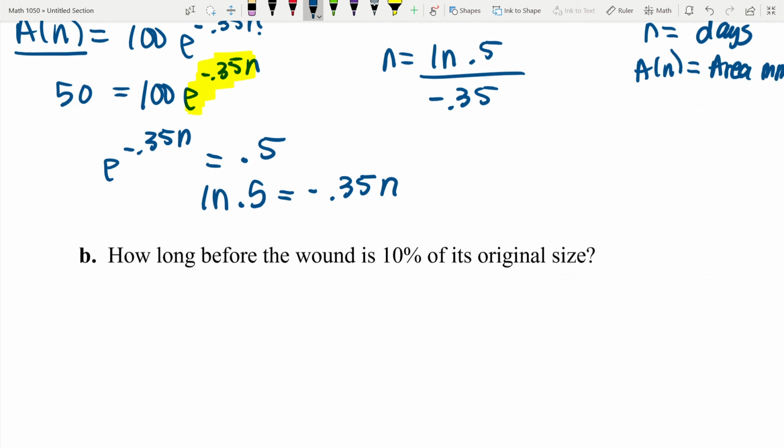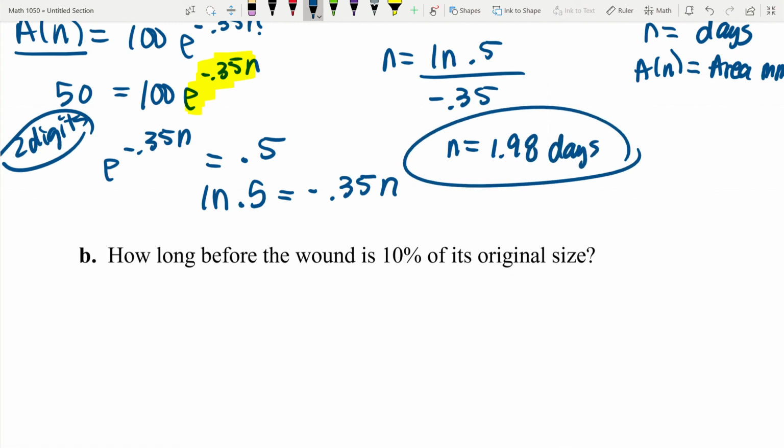Okay, I'm going to put that in my calculator so you don't have to. And I get n equals, if they told you to round it to 2 digits, it would be 1.98 days. This answer is so easily checked because if you store that exact number in and plug it in, you'll get it.